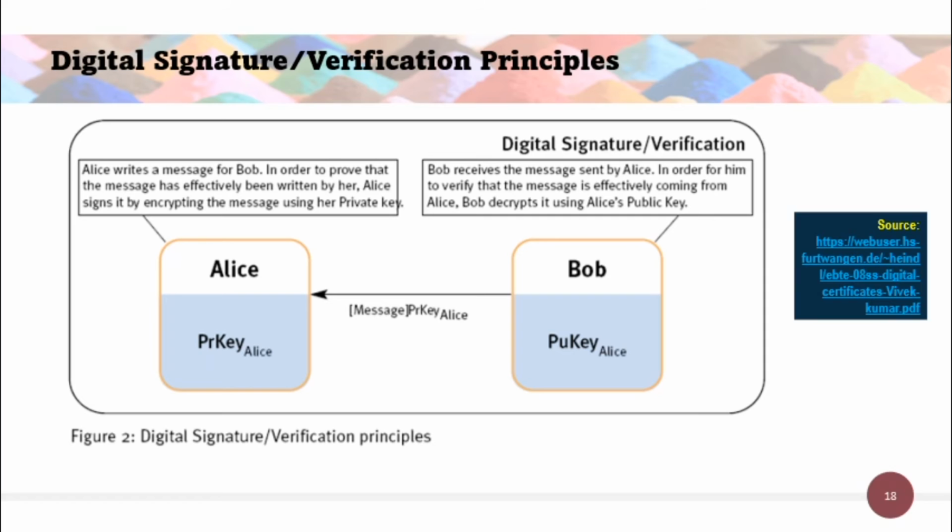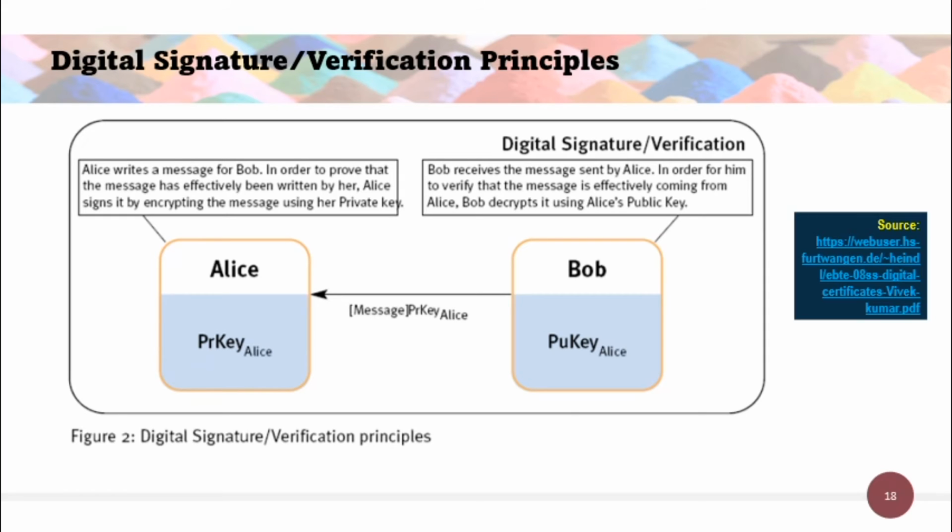this is the example for the digital signature verification principle. Alice writes a message for Bob. In order to prove that the message has effectively been written by her, Alice signs by encrypting the message using her private key. Then Bob receives the message sent by Alice.